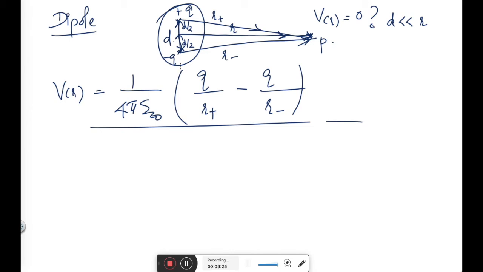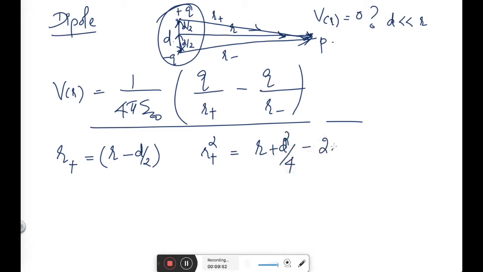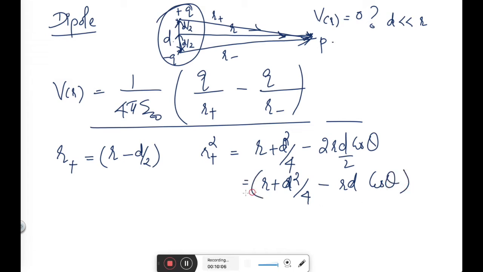So r plus squared is equal to r squared plus d squared by 4 minus 2 r d cos theta by 2, or you can write it as r squared plus d squared by 4 minus r d cos theta.